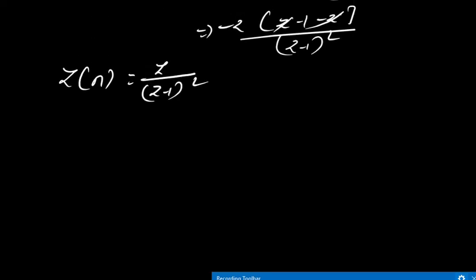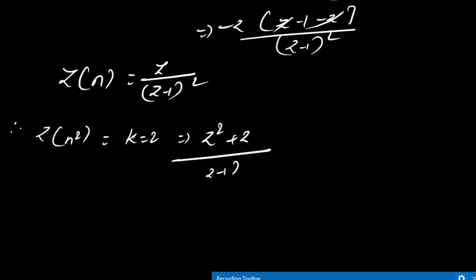Similarly, you need to remember the results for Z transform of n to the power 2, n power 3 and n power 4. So Z transform of n square, that means the value of k is equal to 2. Substitute in the formula, we will get z square plus z by z minus 1 the whole cube.